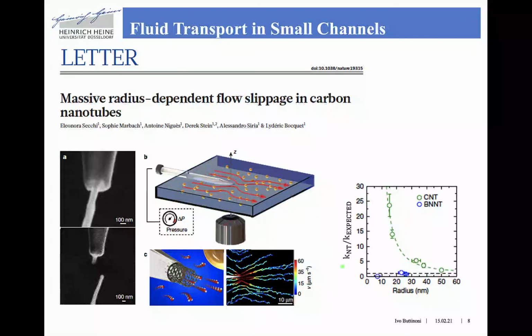And as you can see from this plot on the right, even though the tubes have approximately the same size, the permeability can differ by more than one order of magnitude. Also, the title of this manuscript includes a clue to the reason behind these seeming inconsistencies. And this reason is leakage.